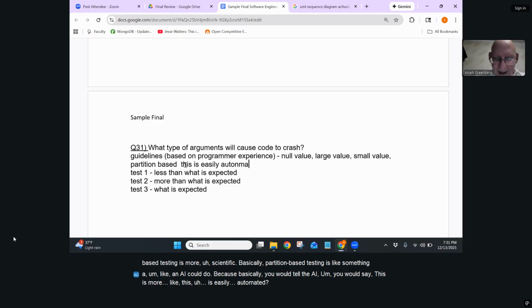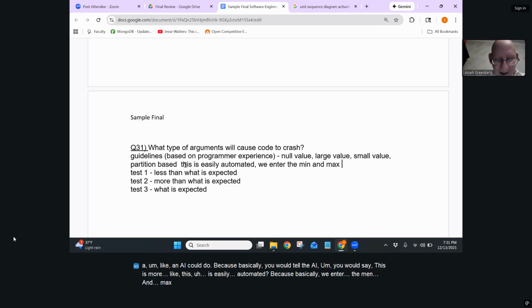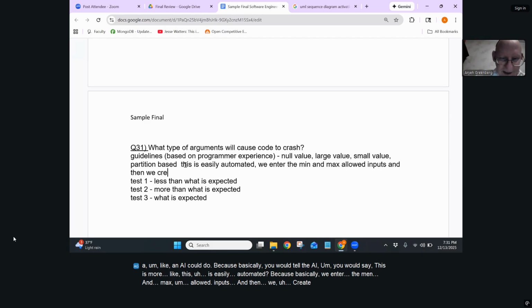We enter the min and max allowed inputs, and then we create the three tests below.